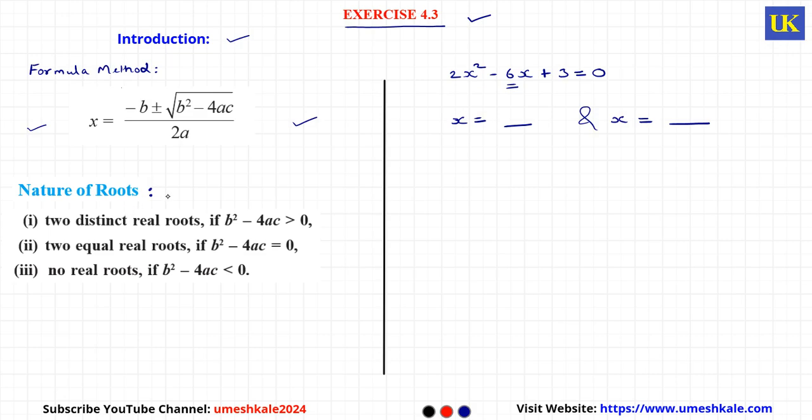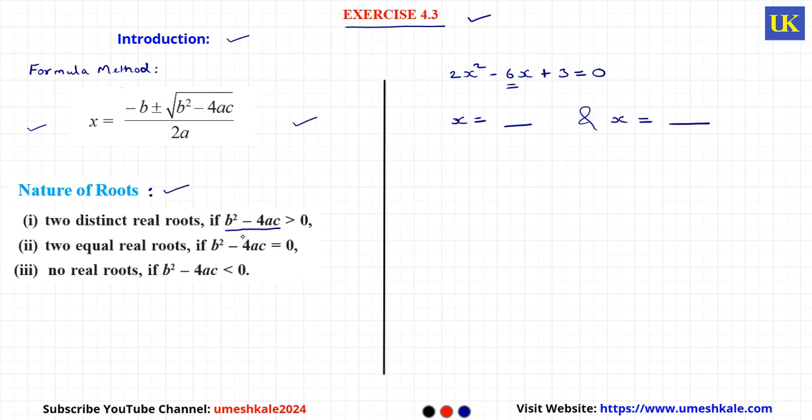The nature of roots will depend upon this b square minus 4ac. This part inside the root, b square minus 4ac, is going to decide what kind of roots we will be seeing for a particular equation.